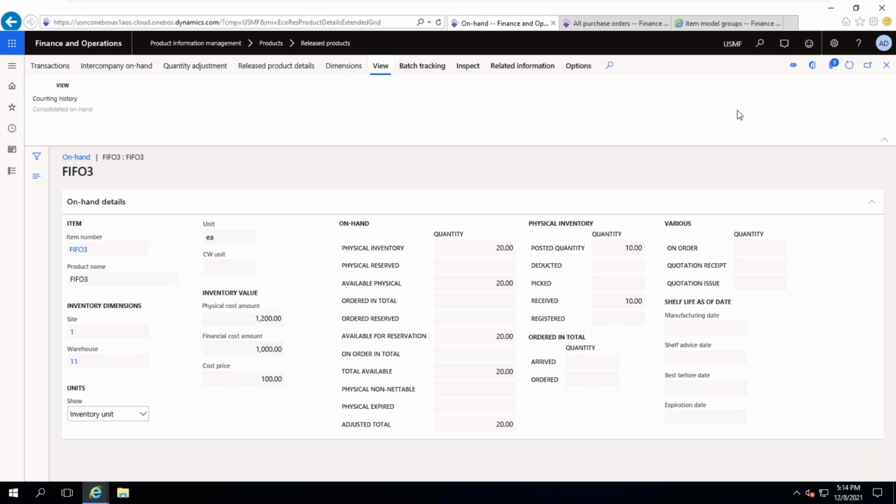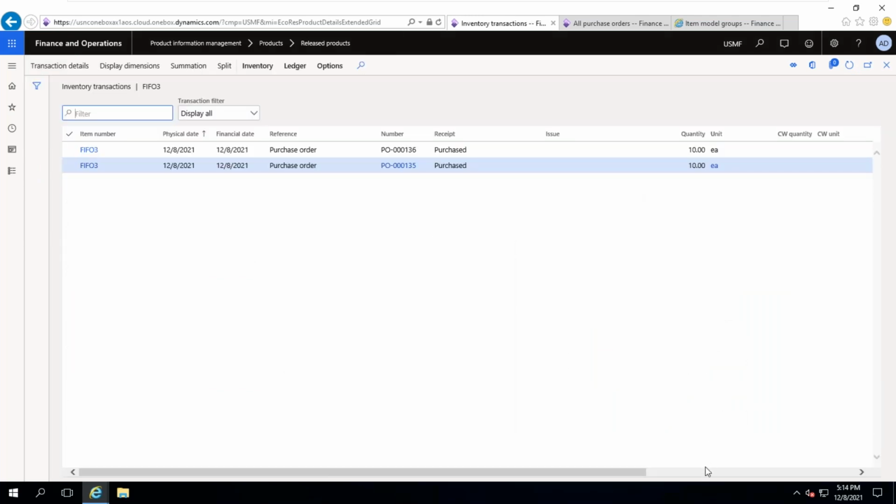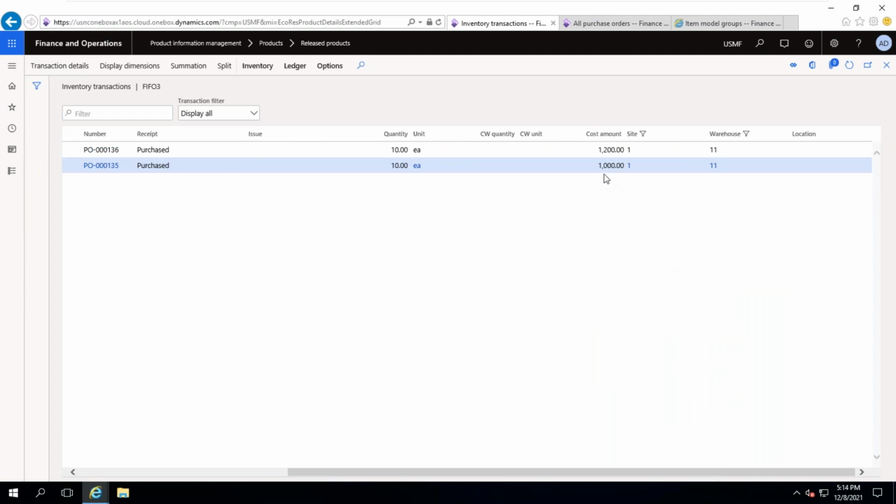Okay, look at this one. Yes, perfect. Physical cost amount is 0. Financial cost amount is 2,200. Cost price is 110. If you verify the transactions, one is 1,000 cost amount, another one is 1,200 cost amount.